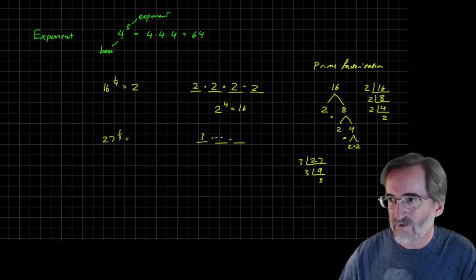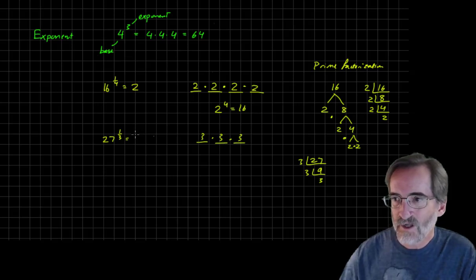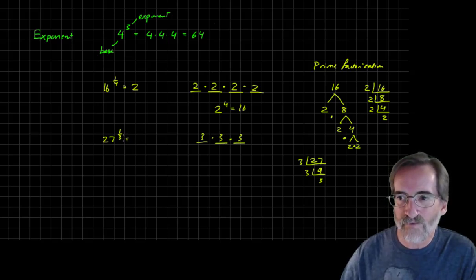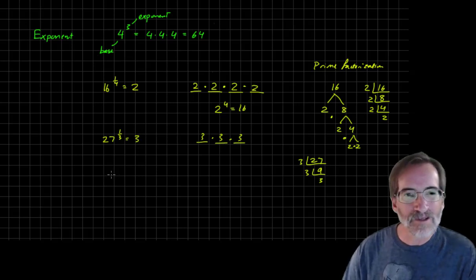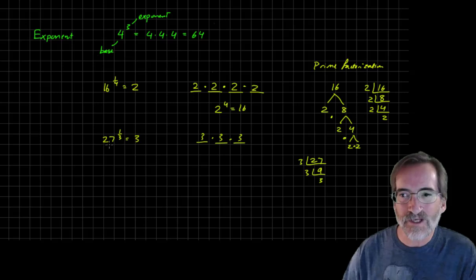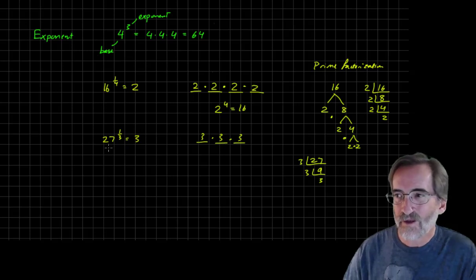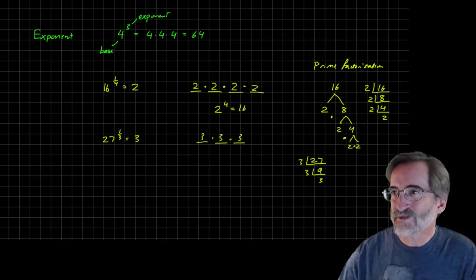So 27 is 3 times 3 times 3. So 27 to the 1/3, I almost said cube root, we're going to get to that in a little bit, is 3. Okay? Hopefully that makes sense. You're looking for a number that times itself that many times makes the base.